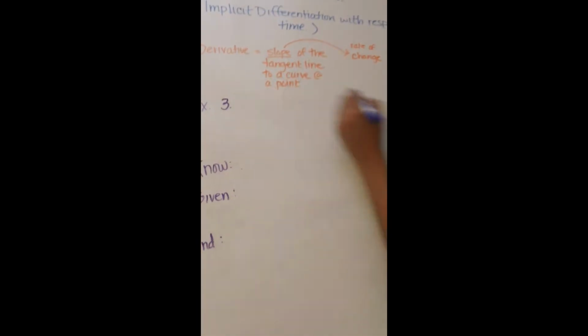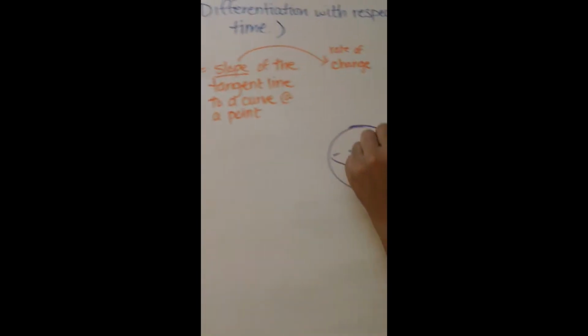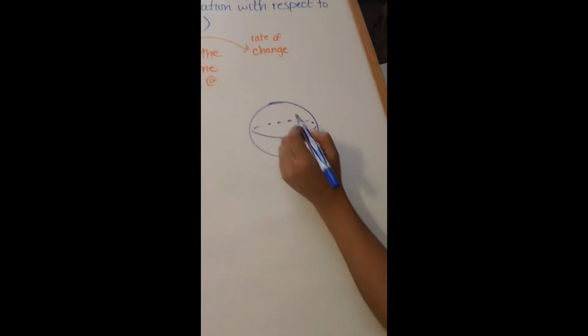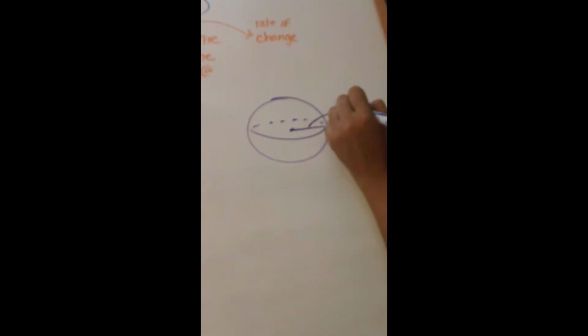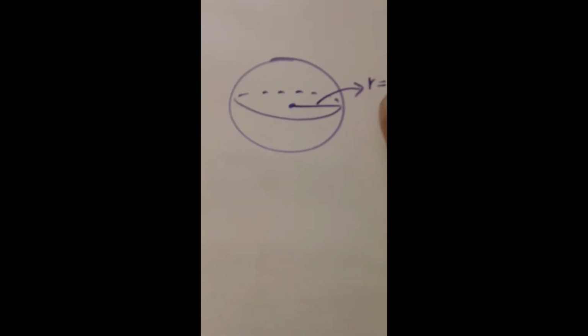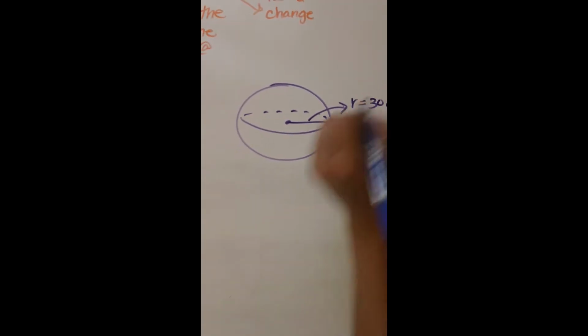Example 3. And we're looking for the radius being 30 centimeters, and we're looking for how fast it changes.